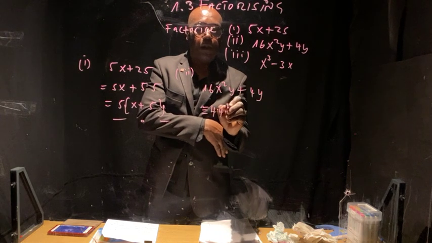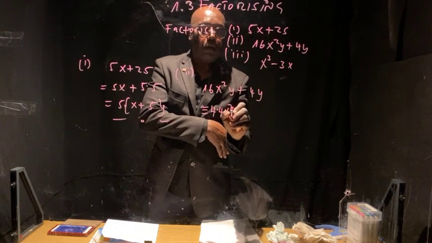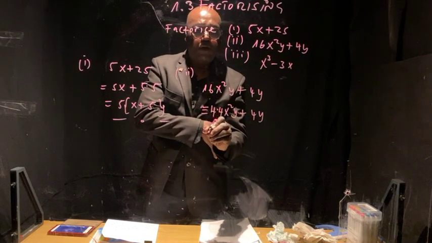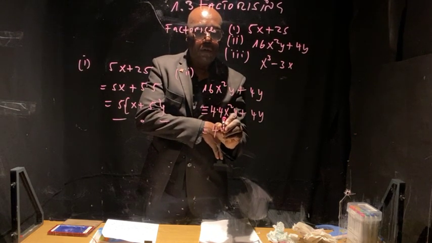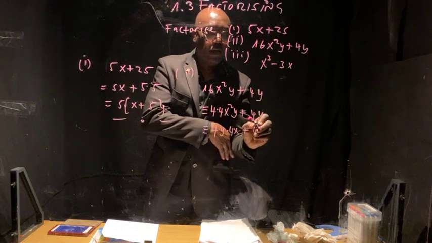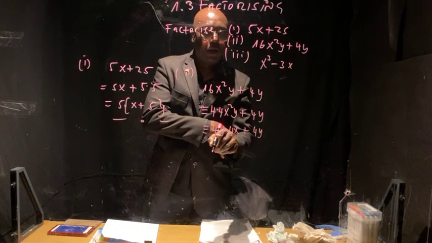So 16x squared y plus 4y is no different from 4y times 4x squared plus 4y.